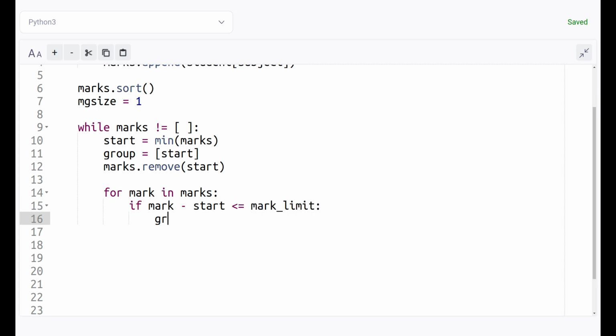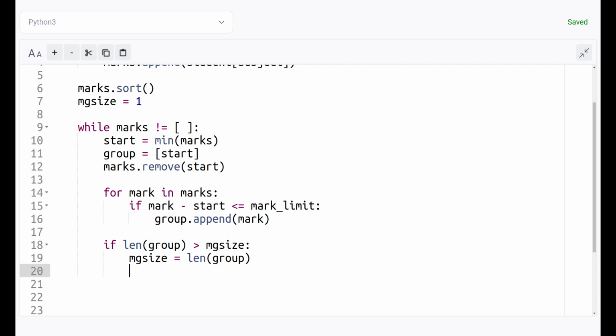If that is the case, this particular student can be appended to the group. Once you come out of this loop, you ask if the length of this group exceeds the current maximum. If yes, then update the group size.